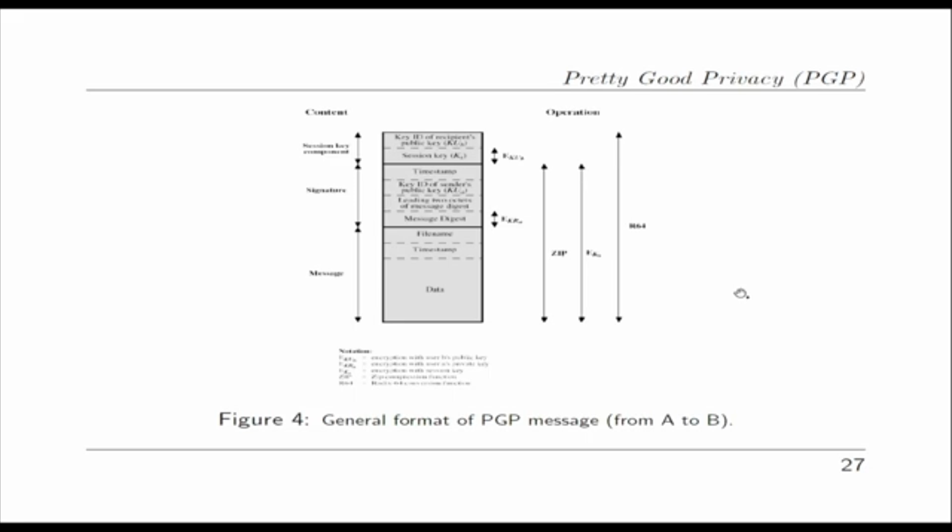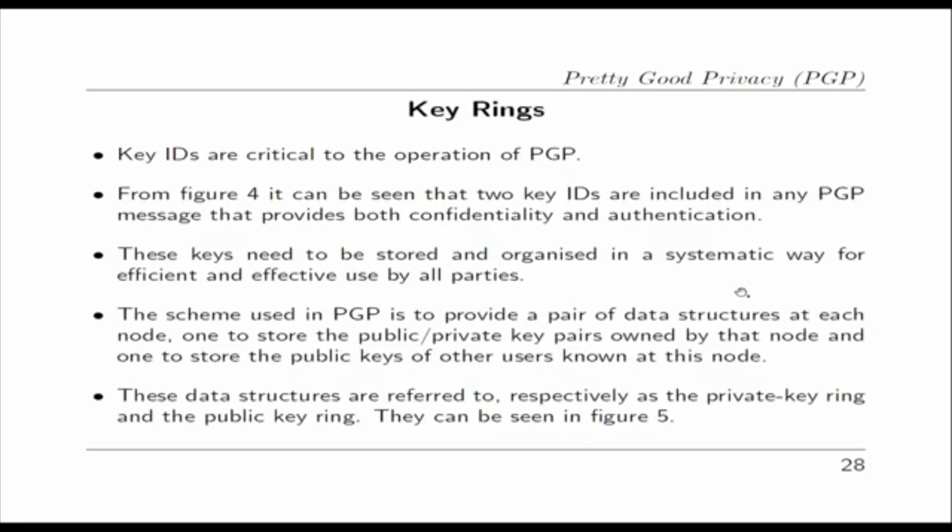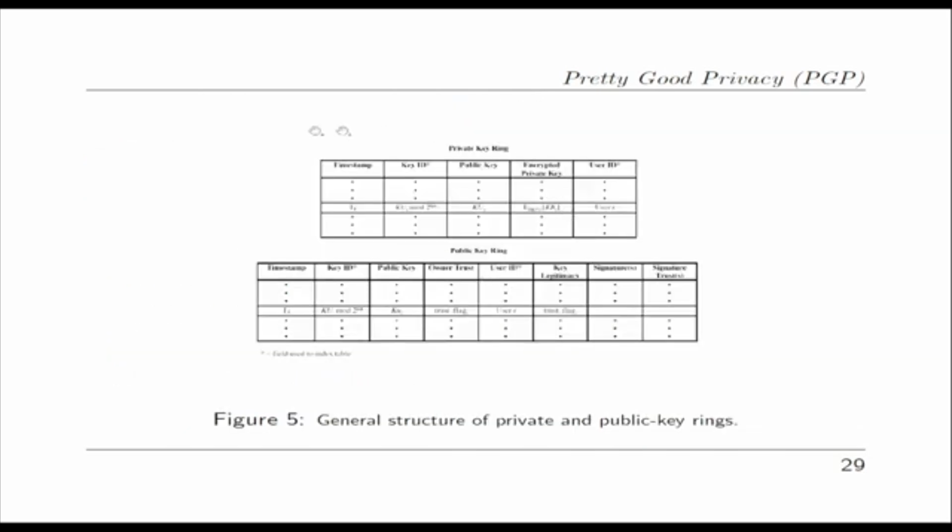ASCII. Okay, so then we have the key rings. The key IDs are critical to the operation of PGP. So this is the general structure of the private and public key rings. Here we have a timestamp, the key ID, the public key, and the encrypted private key, and this is the user ID.